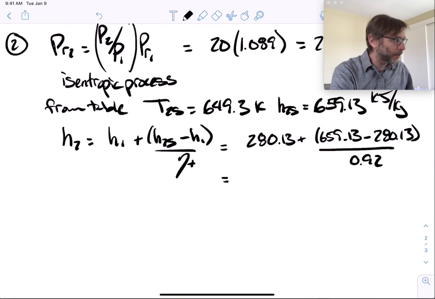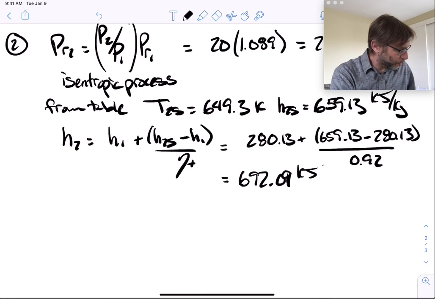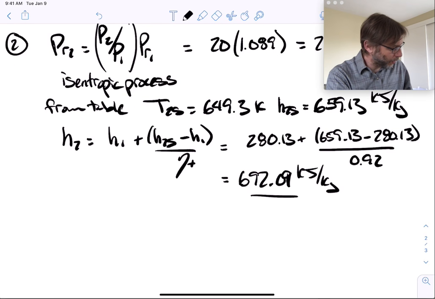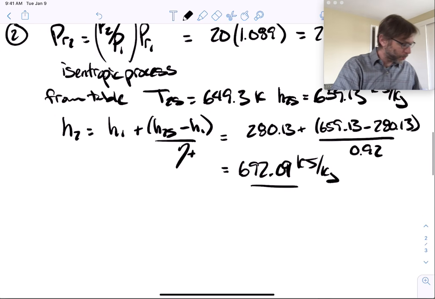And this ends up giving us 692.09 kilojoules per kilogram. Okay, so then we got that one. Really what we're looking for are the H's, right, to do this analysis. So H1 is here, H2 is there.